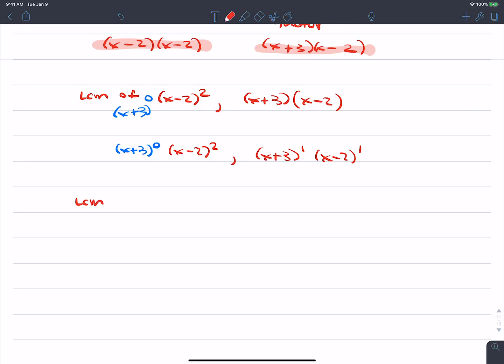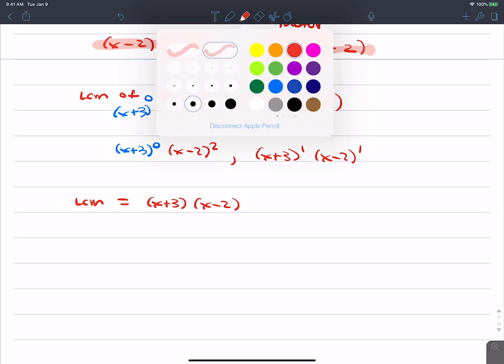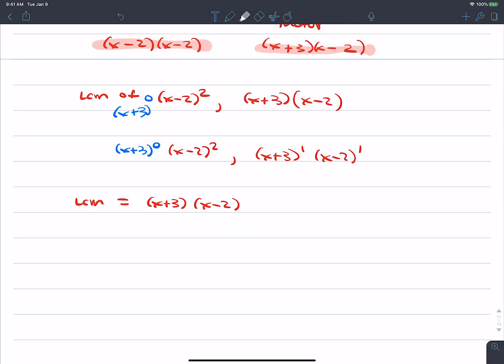So your LCM will be x plus 3 to the largest power, x minus 2 to the largest power. For the x plus 3, we compare 0 with 1, and we find 1 is the largest. For the x minus 2, we compare 2 and 1, and we find again 2 is the largest. So in short, my LCM will be x plus 3 times x minus 2 squared. Here's my LCM.